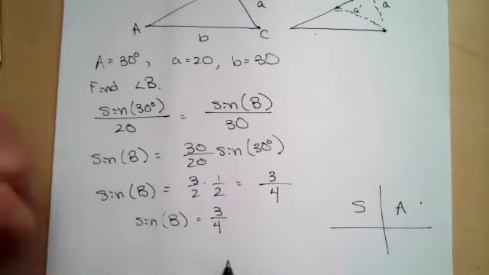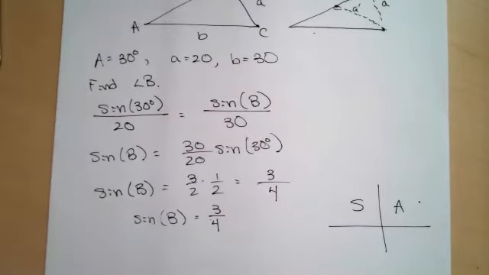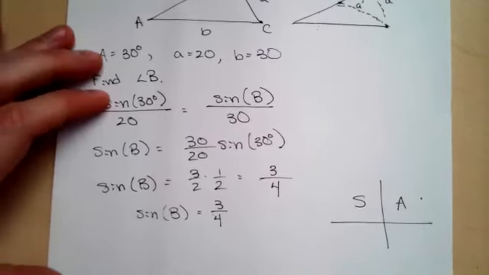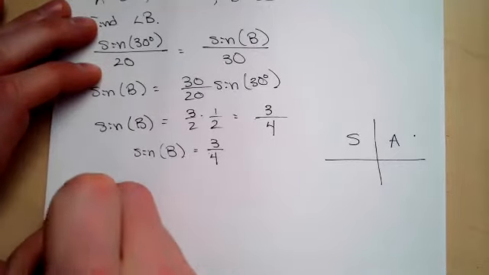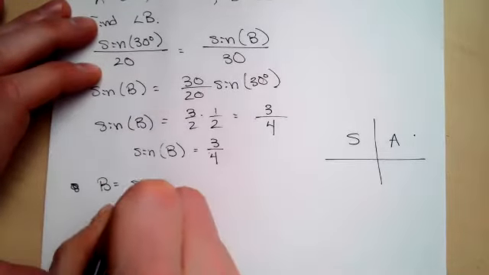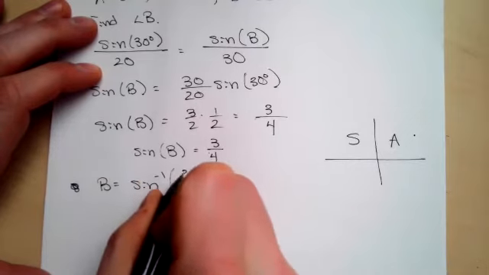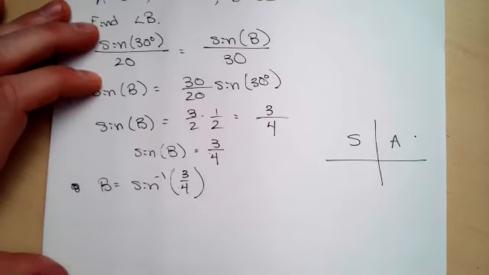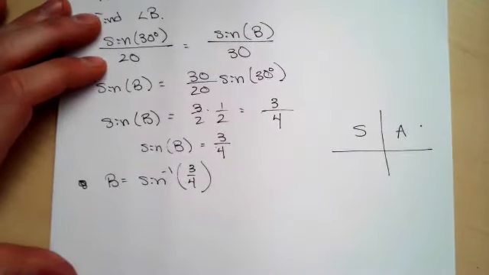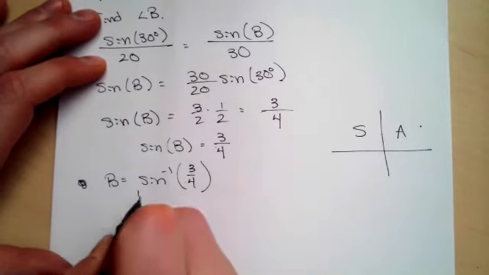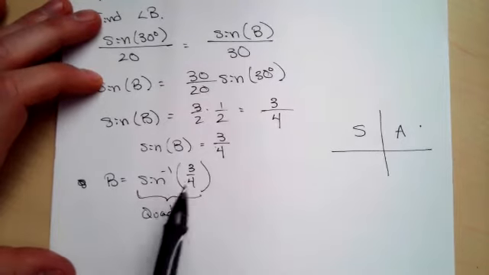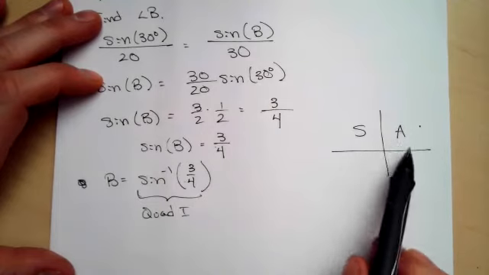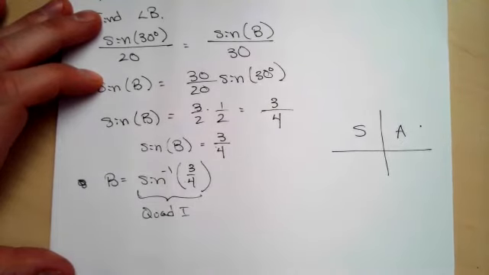So if we tried to use inverse trig, we don't have a reference triangle for sine equaling 3/4. So one solution is going to be arcsine of 3/4. However, where is this quadrant? Because arcsine spits out quadrants 4 and 1, this is going to spit out a quadrant 1 value.